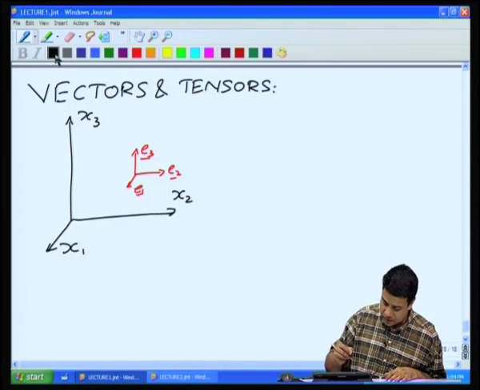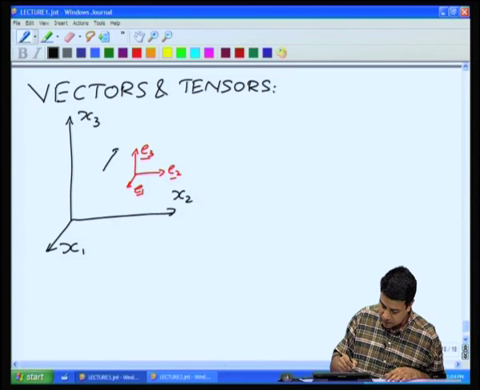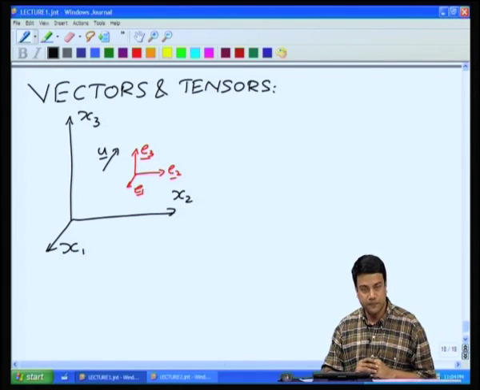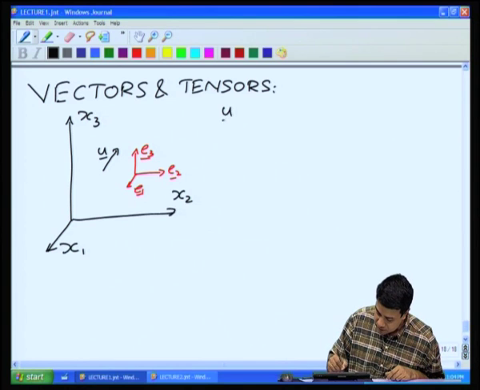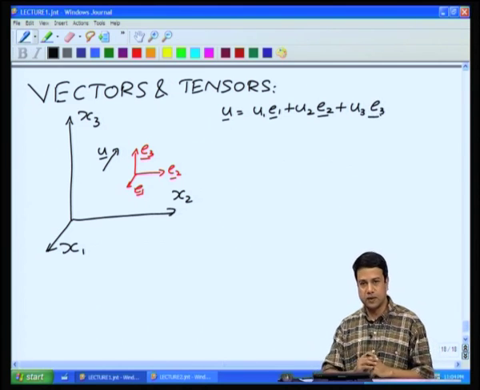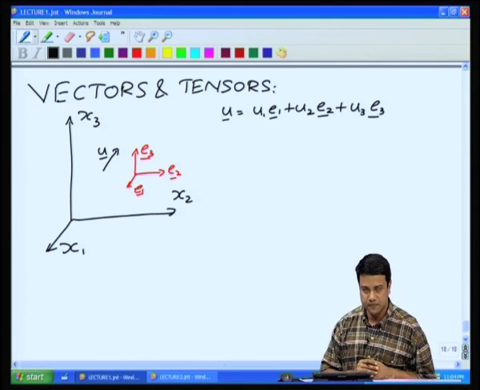If I had the velocity, for example, the velocity vector representing the fluid velocity at one particular location, I can write this as u vector is equal to u1 e1 plus u2 e2 plus u3 e3. So, that is the velocity vector.